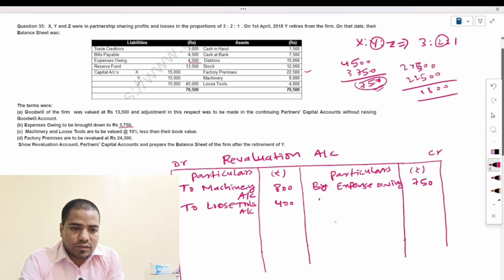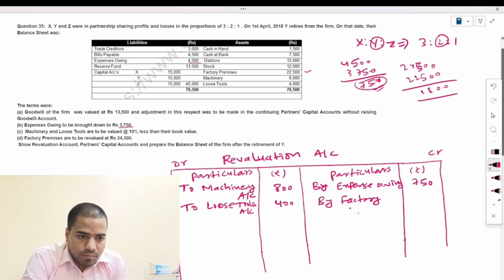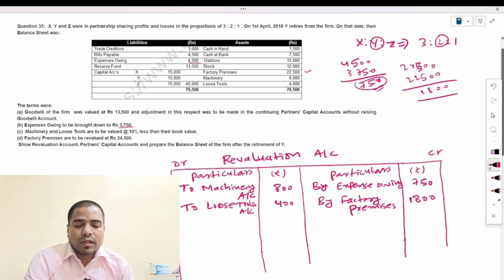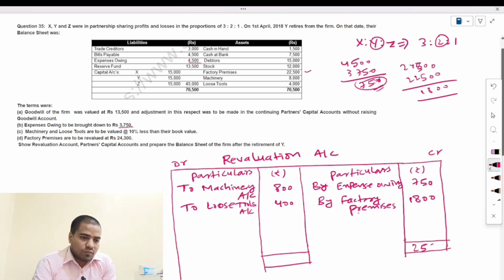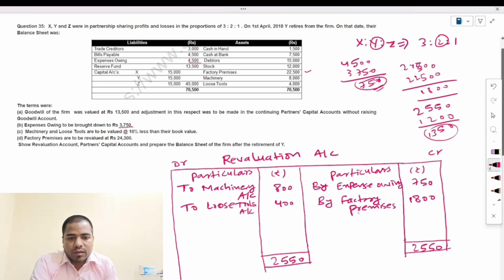So we will write in the credit side by factory premises 1,800. Nothing else is mentioned about the revaluation part, so we will close this one. Then 2,550. Here 1,200 is only. How much would be the profit here? 1,350 would be the profit here.